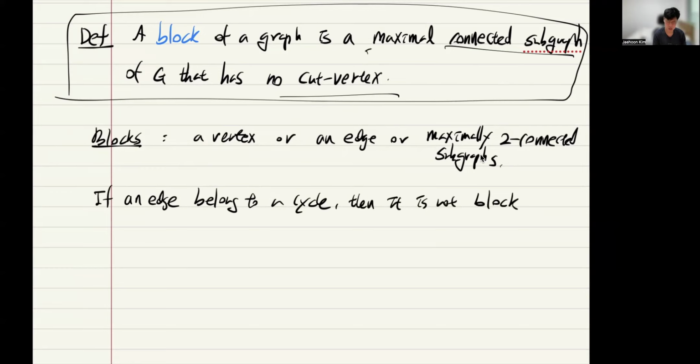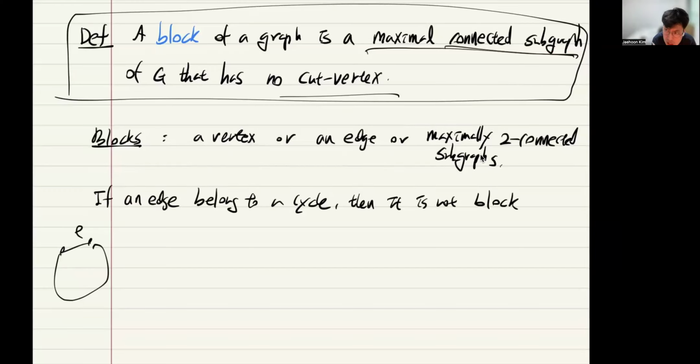Because what? A block is a maximal connected subgraph that has no cut vertex, right? If there is a cycle containing this edge, then this edge is not a maximal connected subgraph that has no cut vertex, because this cycle already contains it, and it has no cut vertex. So it is not a block.